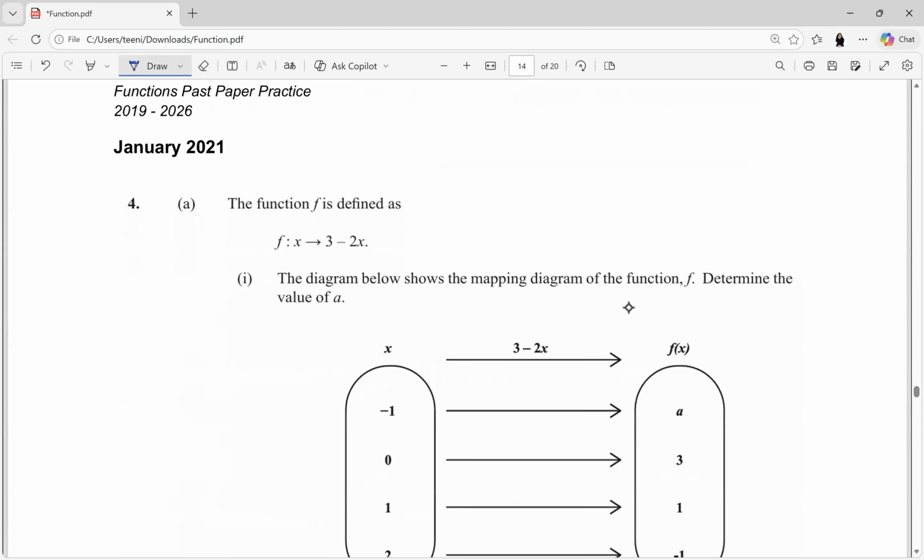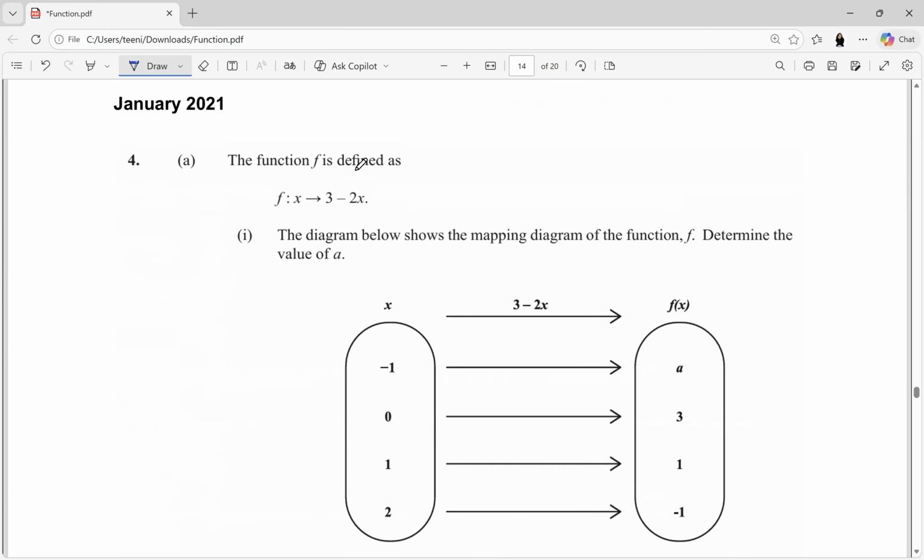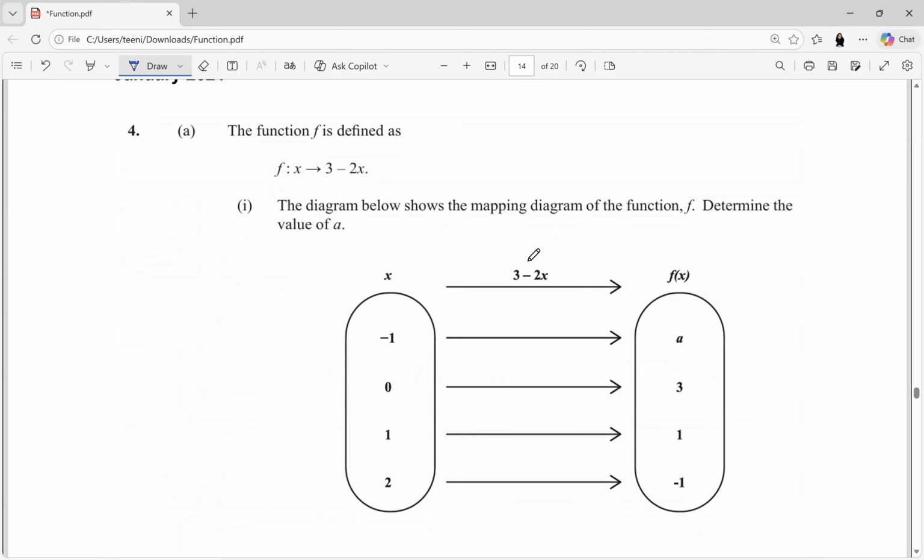All right, we got in there. This is the question from January 2021. The function f is defined as f of x is mapping onto 3 minus 2 times x. That's what 3 minus 2x is. The diagram below shows the mapping diagram of the function. Determine the value of a.